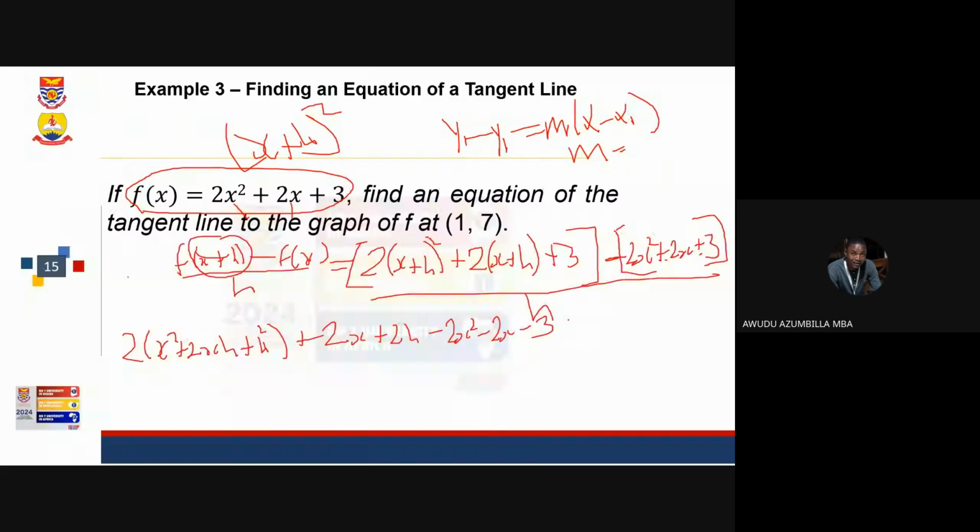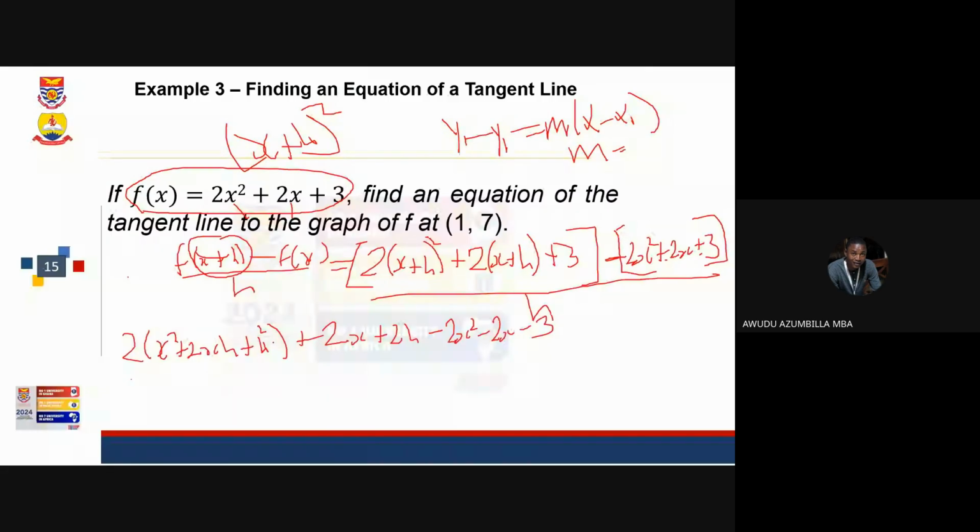Now, if you have this one, we can simplify this. Let's open the bracket. Sir, please, the plus 3. Sir, you have omitted the plus 3. Come again. The first function. Here the plus 3 should be.